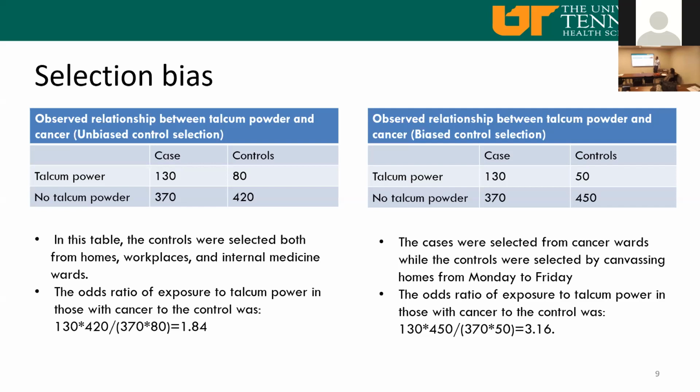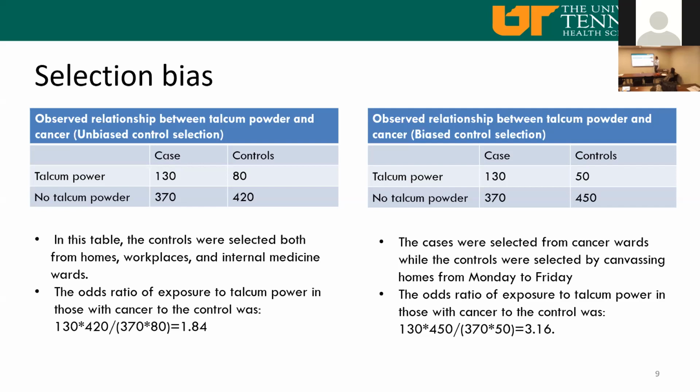The controls were selected from homes, from workplaces, and from internal medicine wards, so there is a high representation of the population. The odds ratio of exposure to talcum powder in those with cancer compared to the controls is about 1.84 from this table. This is hypothetical; it doesn't mean this is reality.